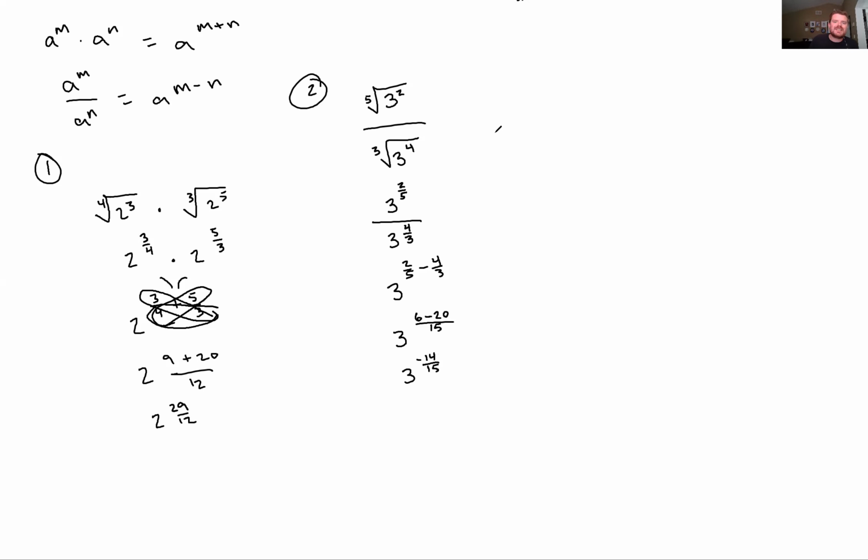This process is going to be the same. Sometimes the bases will be a little different, and so you want to change the bases to be the same so that you can do the process. So for instance, let's say I have 4 to the 2/3 power times 2 to the 1/3. Now here we can't use product or quotient rule because the bases are not the same. However, I know that 4 is a multiple of 2. So what I would do is change 4 to be 2 squared, like so.